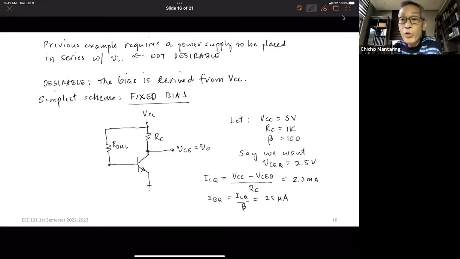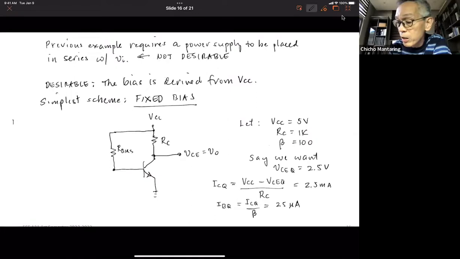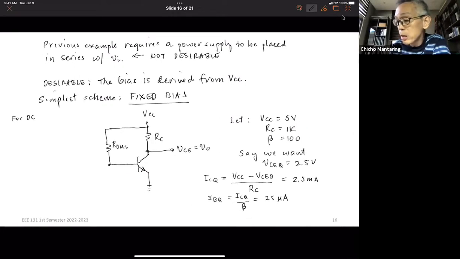When we're doing DC calculations, it's okay to just use the 0.7 approximation for VBE. For DC calculations, you can use VBE equal to 0.7 volts for silicon.